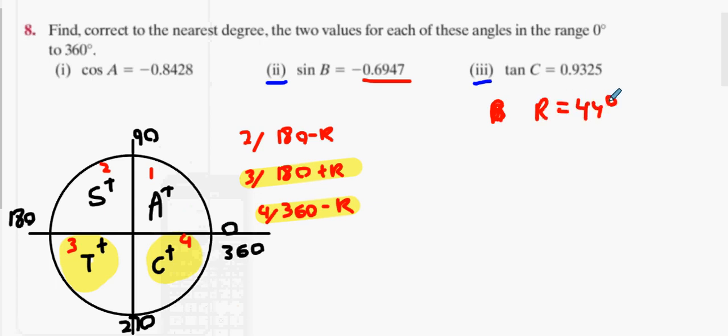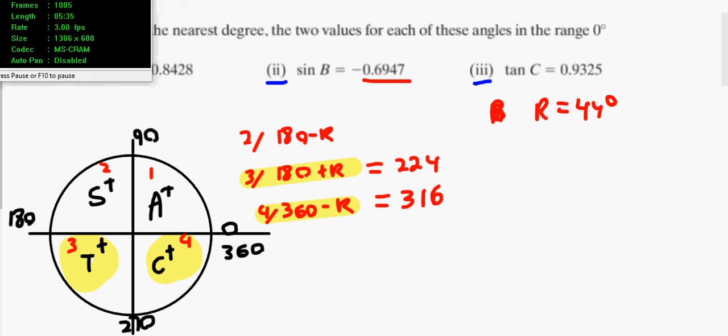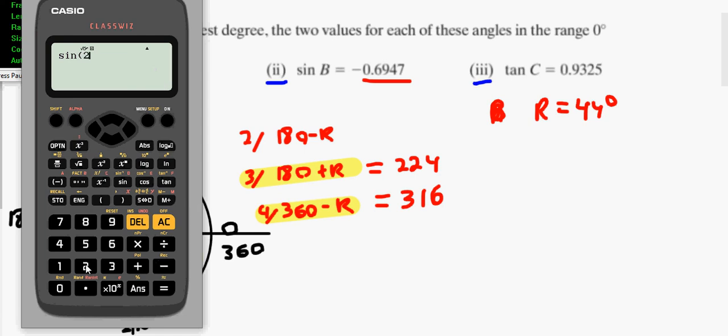This means B is equal to 180 plus 44, which is 224, and 360 minus 44, which is 316. If you want to check your answer quite quickly, put sine 224 in your calculator, and you see that it's roughly the same answer as here. Or put sine 316 into your calculator. Once again, roughly the same answer as here.